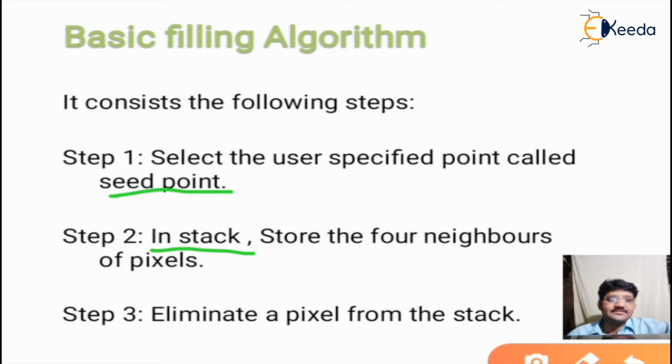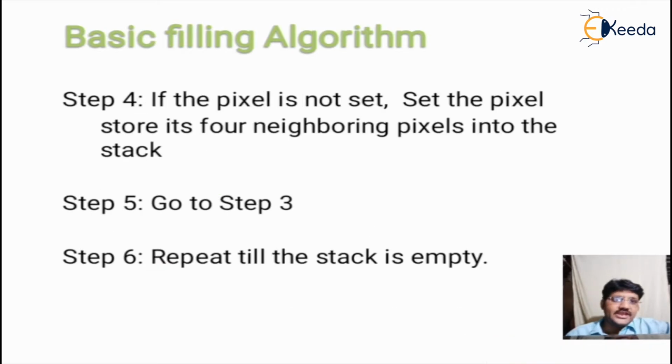After that, eliminate a pixel from the stack. If the pixel is not set, here set means coloring, if the pixel is not colored, then set the pixel and store its 4 neighbor pixels into the stack.